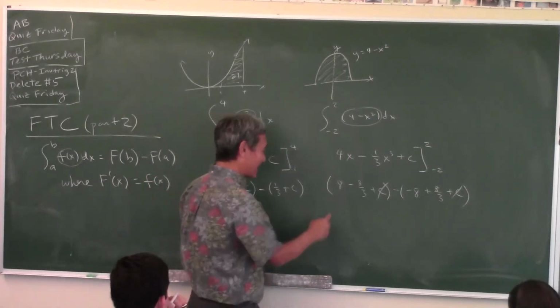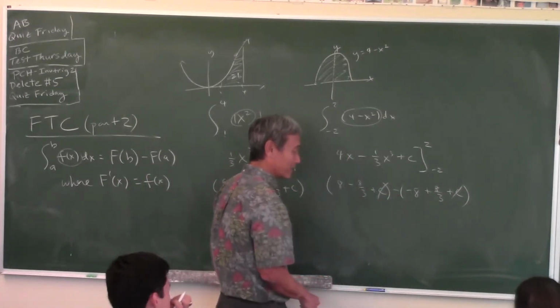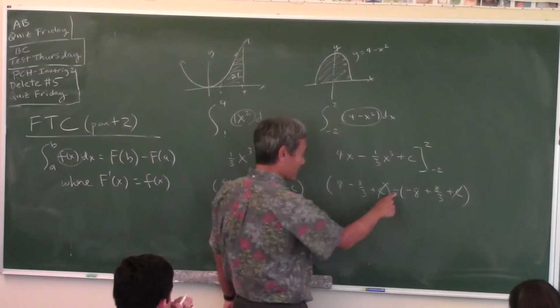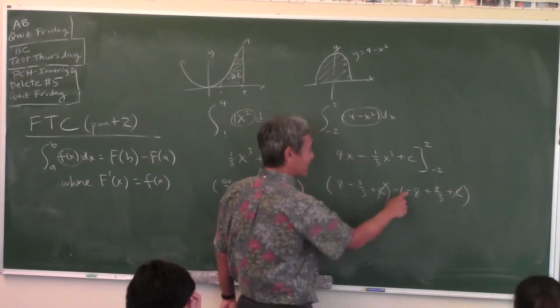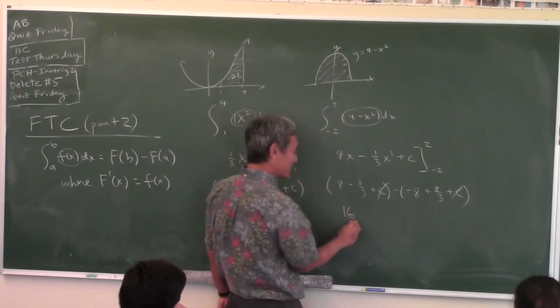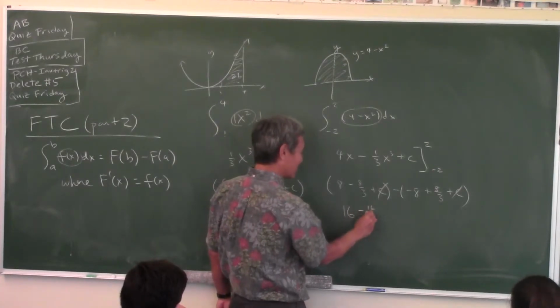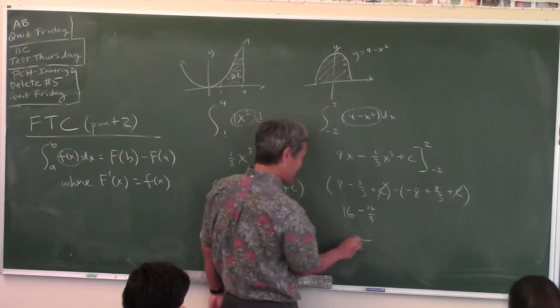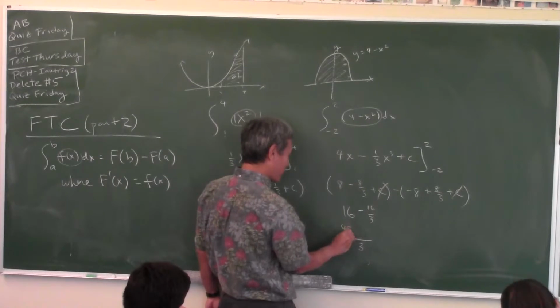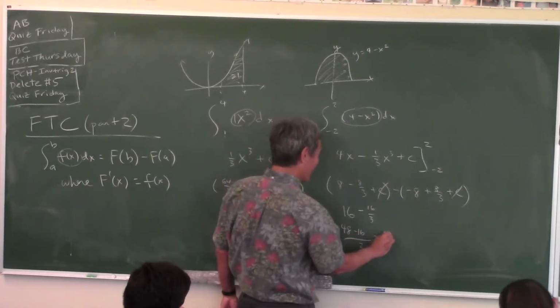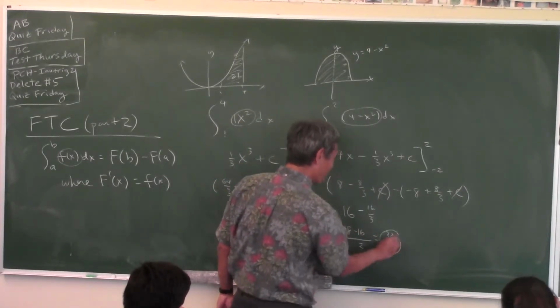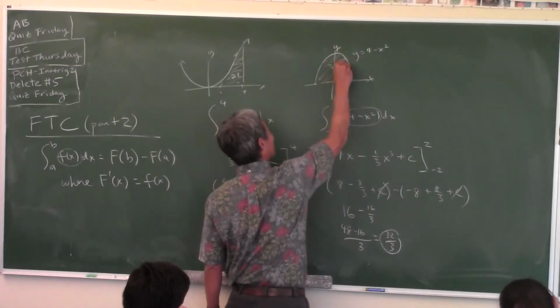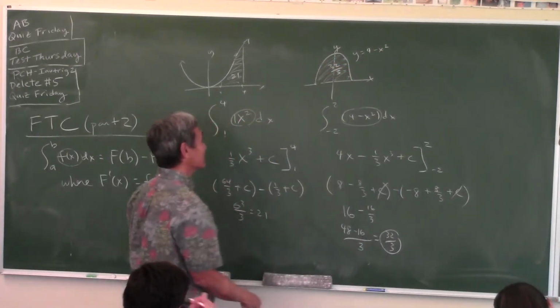So what's left? Can I cancel out this 8 and then negative 8? No. Don't you dare, because when you distribute that minus sign, that's actually a plus 8. So that's actually 16 minus 16 thirds. Make a least common denominator, so that's 48 minus 16, 32 thirds. Boom! That area is exactly 32 thirds square units.